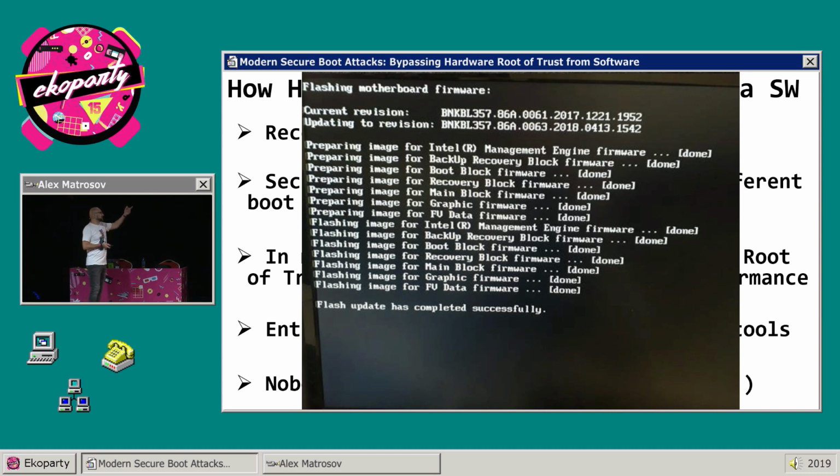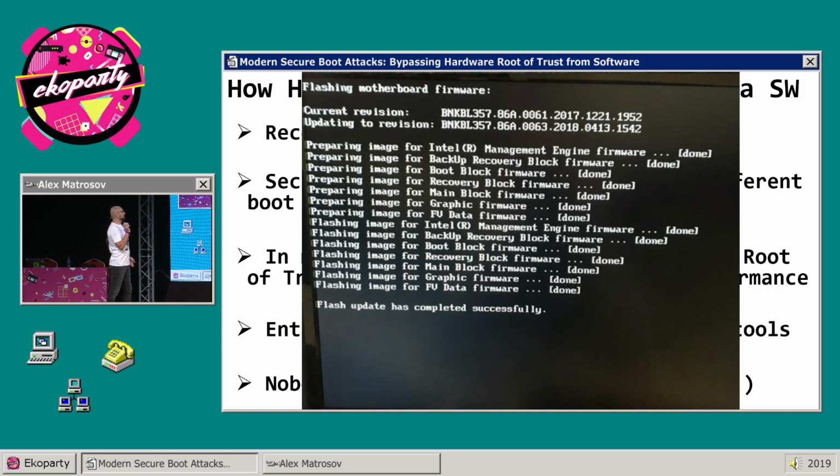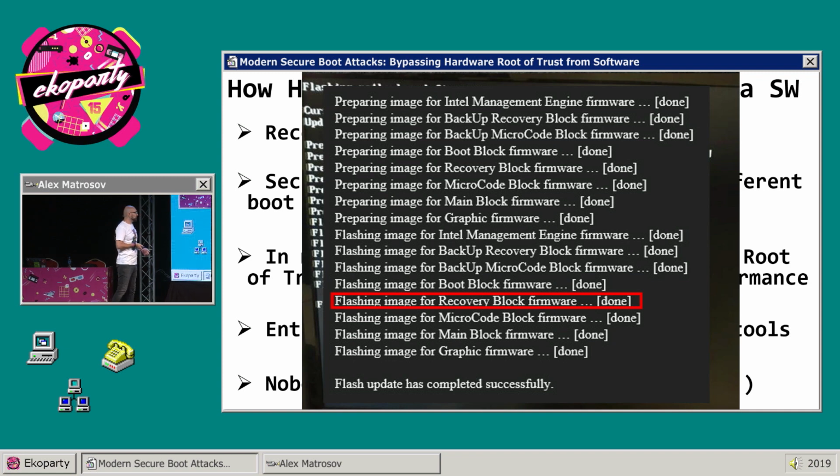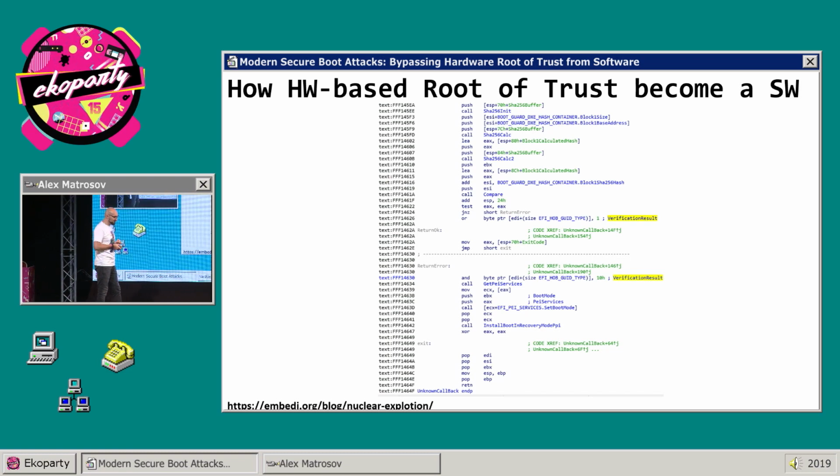So basically, this is the flow for flashing a BIOS image on the NUC machine. We can see here: flash an image, recovery block, firmware image, done. I was curious about what is inside the recovery mode.